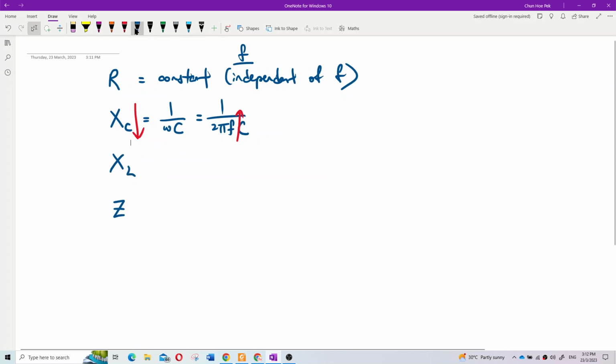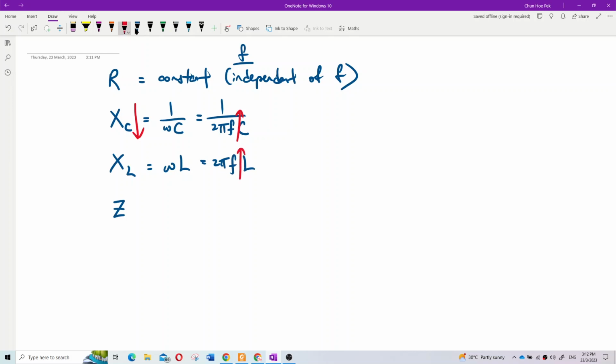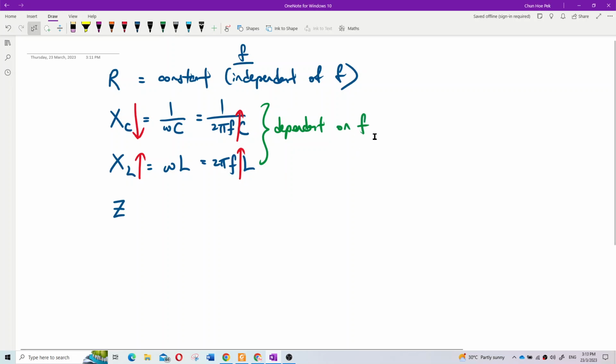For XL, the formula is omega L, which is 2 pi FL. So if frequency increases, XL increases. So we can say for these two, they are dependent on frequency. If frequency changes, these two values will change.